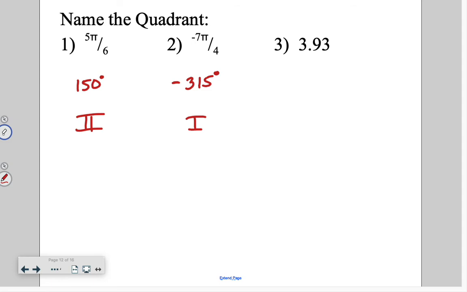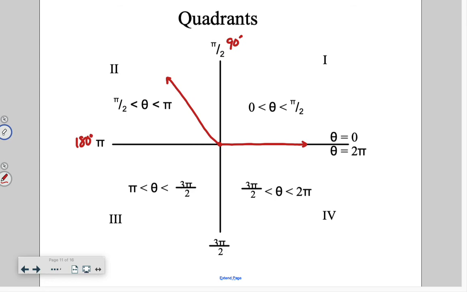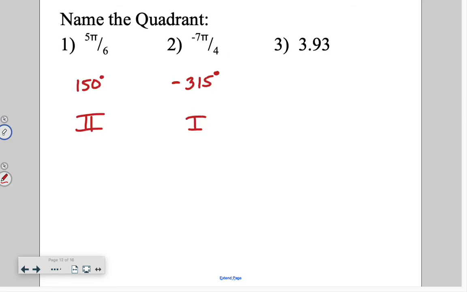It's a little bit bigger than pi. It's 3.93. It's bigger than 3.14. Okay? So it actually puts you a little bit bigger. You could still calculate it. You'd have to convert it. This is 270 degrees, but you'd have to convert it, basically. Okay? But this one will put you in quadrant 3.